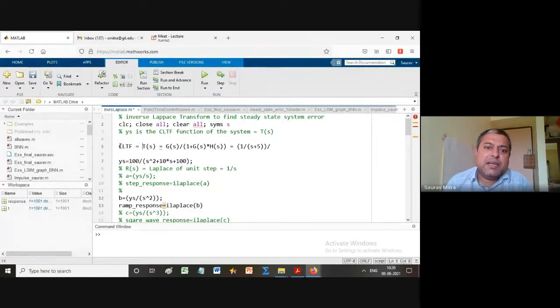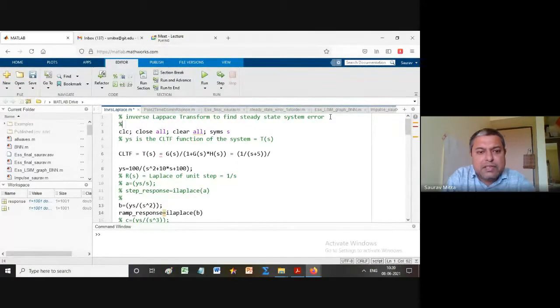In the second method, I first find the error for unit step input, and find the inverse Laplace to find the steady state system error. So first I will find the error for step input, for a type 0 system.